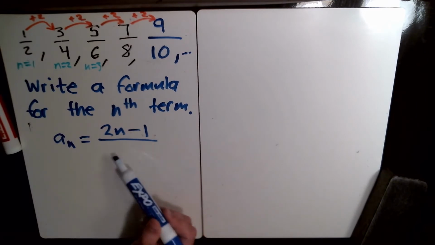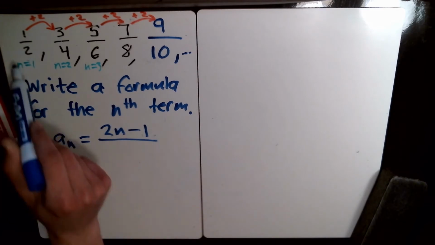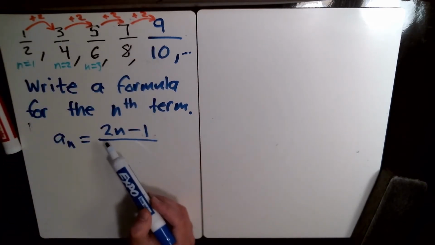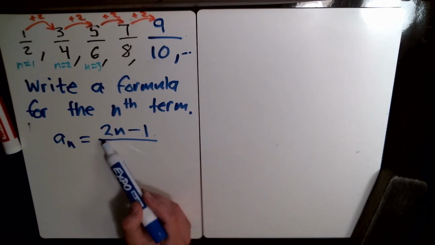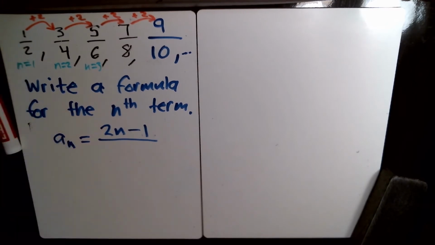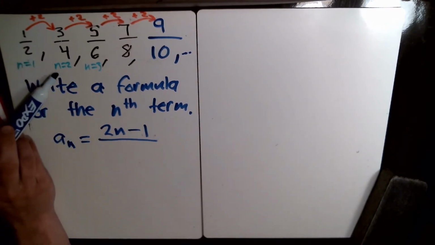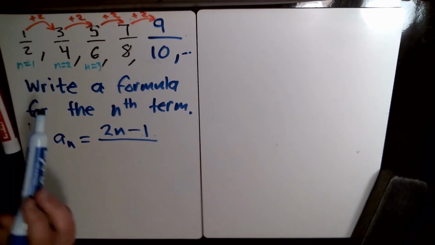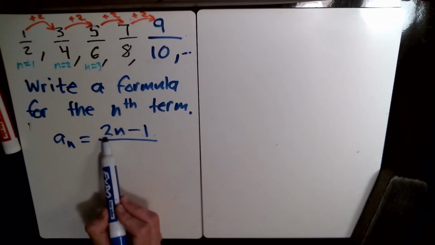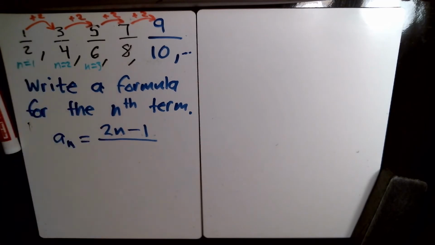I haven't dealt with the bottom yet. Let's just focus on the top first: how do we get 1, 3, 5, 7, and 9? Well, it seems like if I do 2 times the number and then minus 1, that at least works on the first one. Let's try the second one. When I plug in n equals 2, I get 2 times 2 is 4, minus 1 is 3, which is what I wanted.